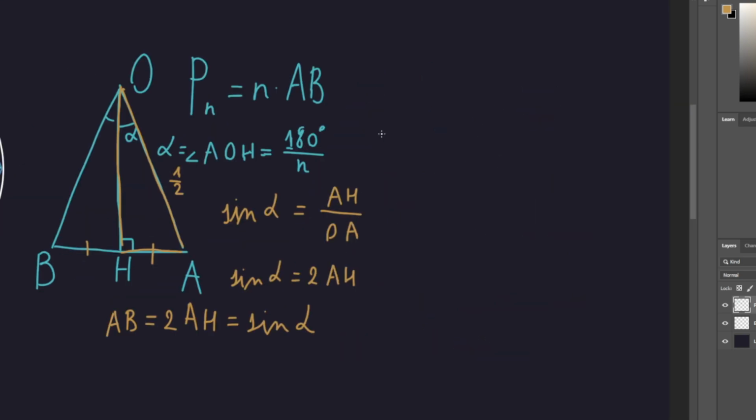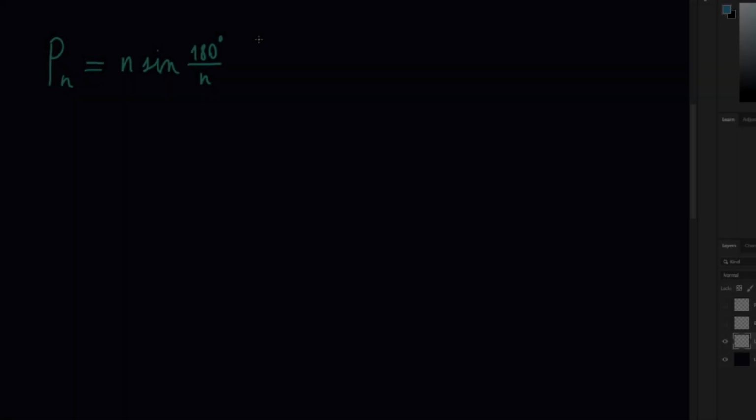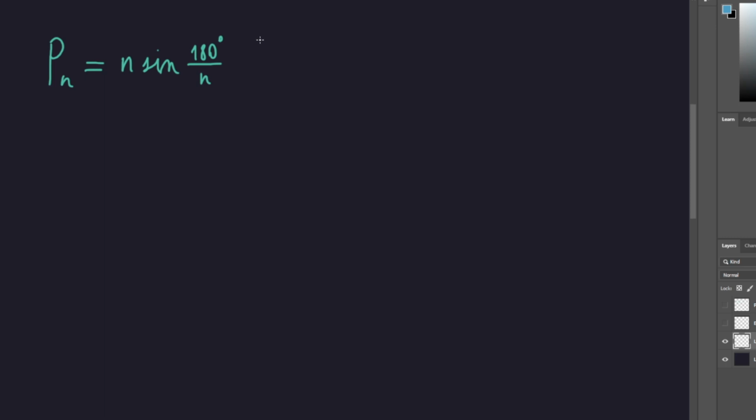All of that allows us to state that the perimeter of our n-sided regular polygon equals n times sine of 180 degrees divided by n. So the only thing left to do now is to find the sine of that angle. But let's not forget that n is 2 to the power of k. That means we can rewrite it as 2 to the power of k times sine of 180 degrees divided by 2 to the power of k.